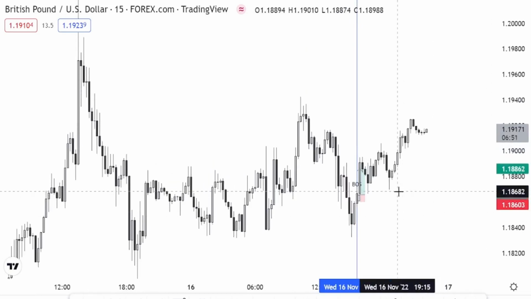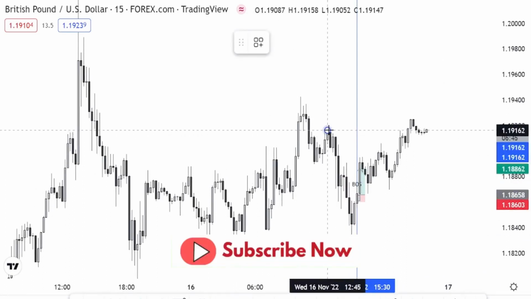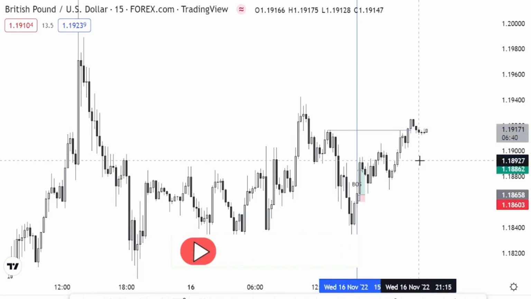Now, our take profit can be here. This is your first take profit. After taking partials there, you can leave your trade to run if you so desire. So that's where we are going to take our take profit.